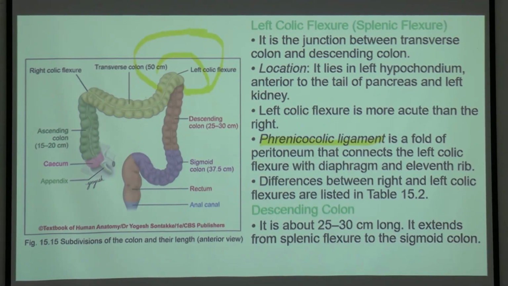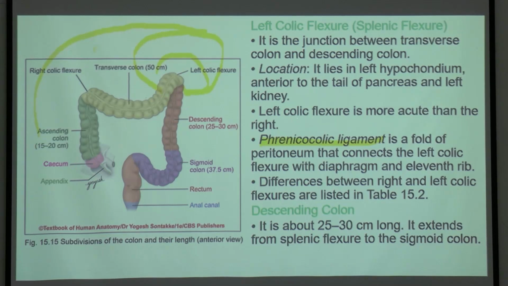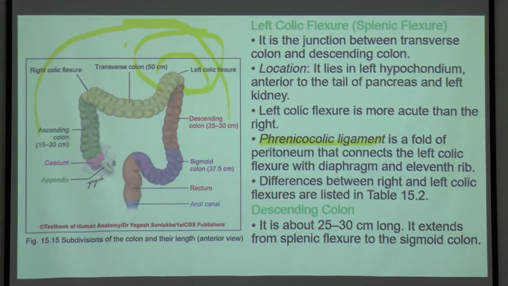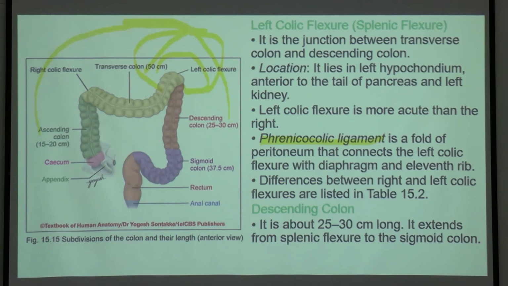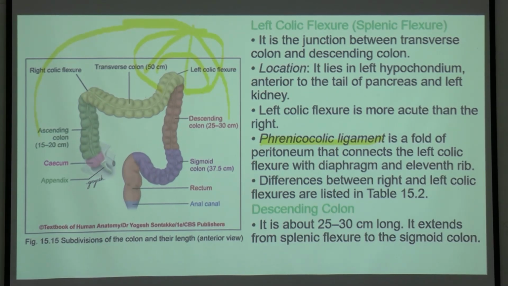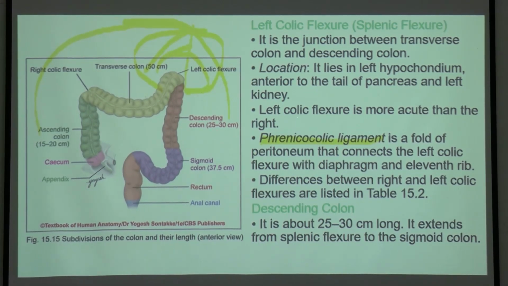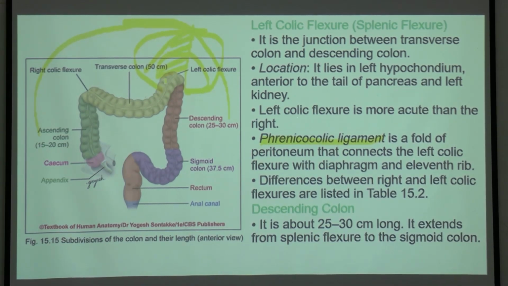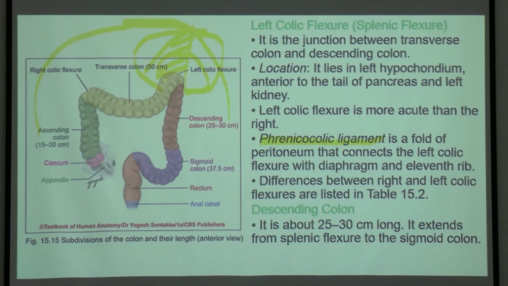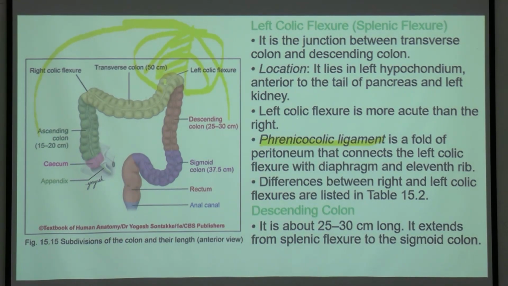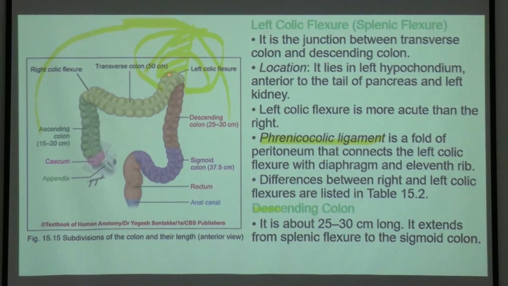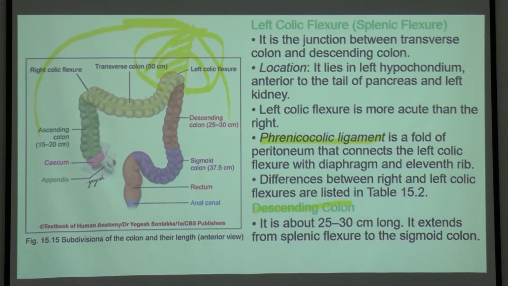Already we know that is the phrenicocolic ligament, the suspending ligament. One is the suspensory ligament, splenophrenic, and another is the suspending ligament. Okay, so the left colic flexure. From there onwards, this is the descending colon.